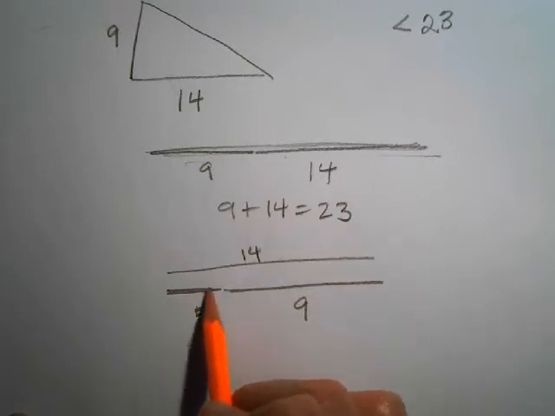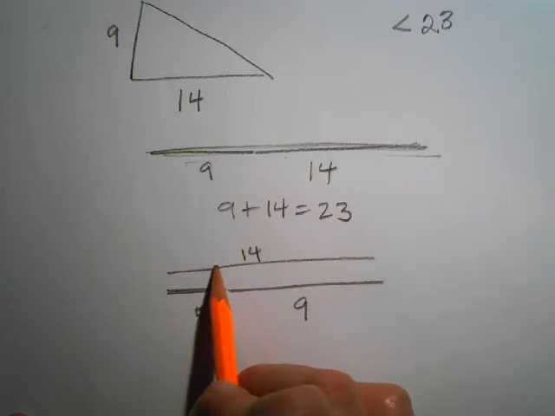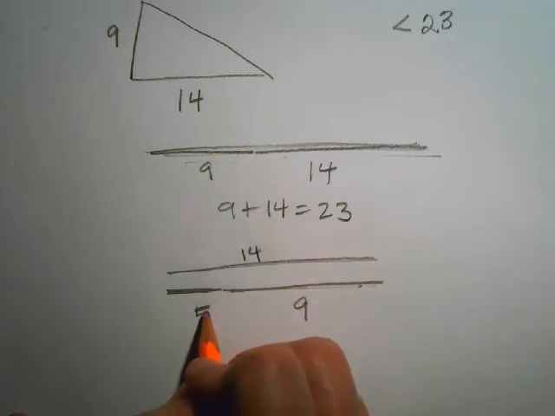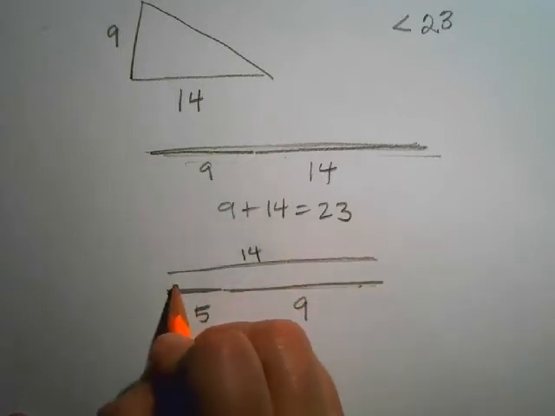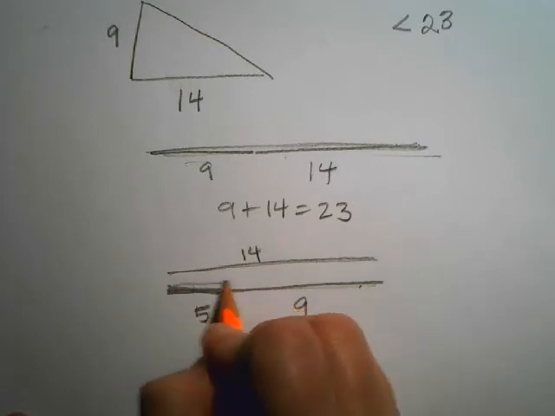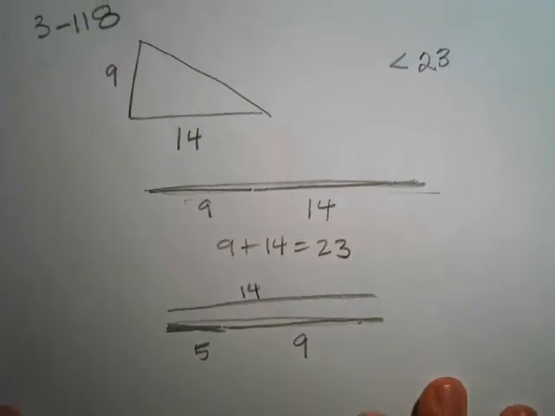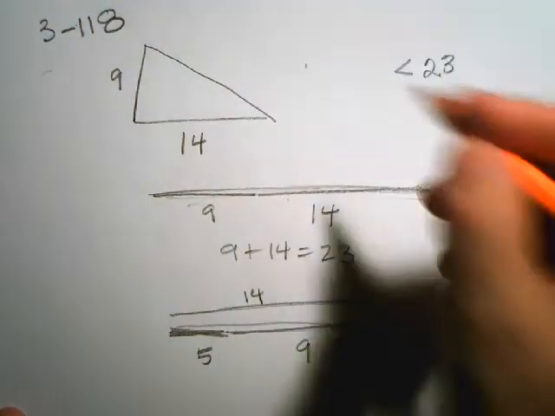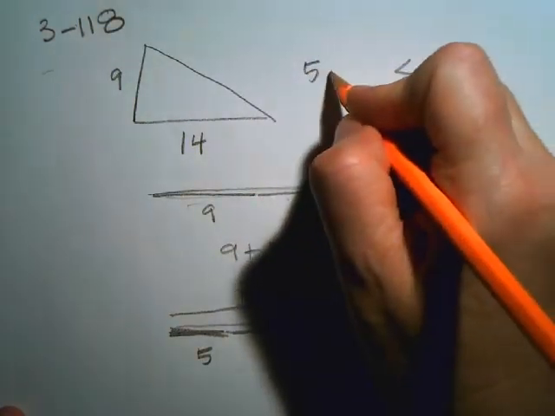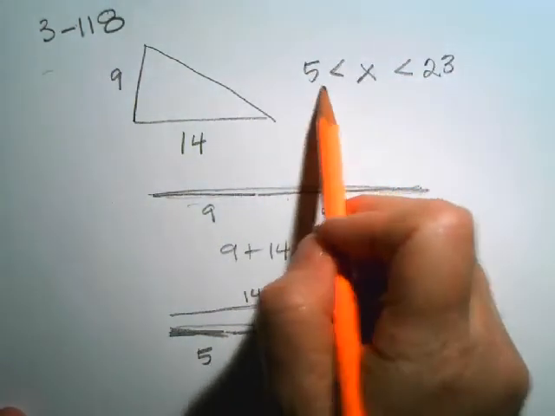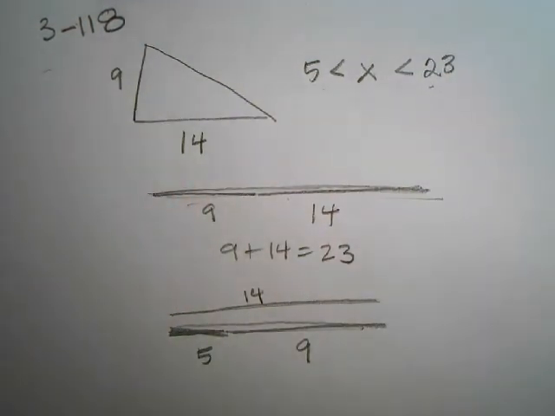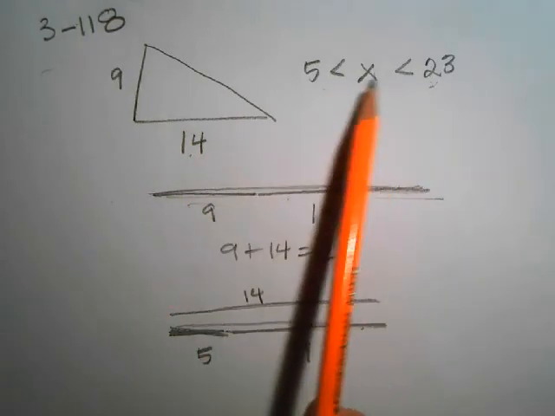So if that third side was 5, you wouldn't be able to make a triangle with that. But if the side was a little bit less than 5, then you would again have kind of a very thin triangle. So the third side has to be a little bit bigger than 5. So I'm going to say that this side has to be between 5 and 23, and that shortcut is you can just add those two together and subtract them to get the upper limit and the lower limit.